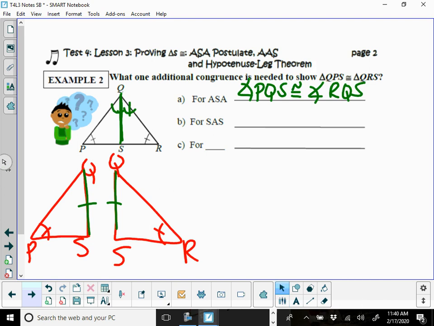Because then you could do angle side angle.